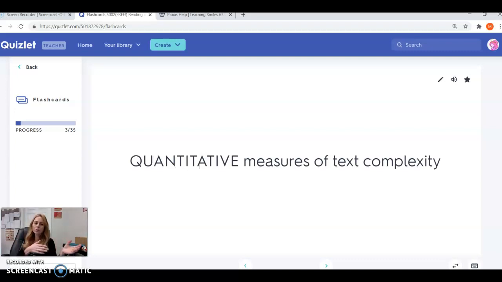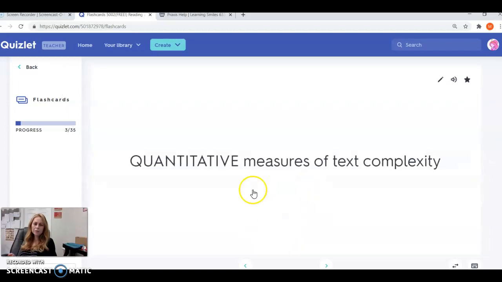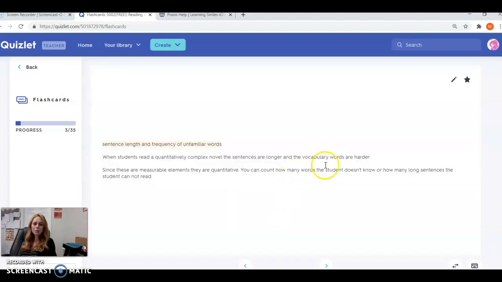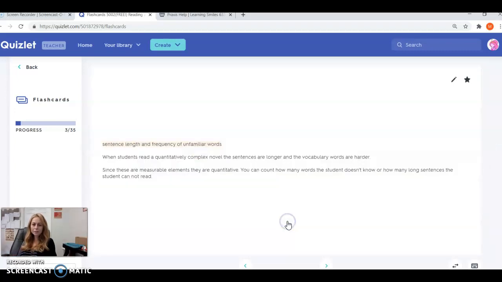This student can read 4 words per page. You can actually count. You can pick up a book and say there's 4 words, this is a good book for you. This is on your text complexity level. You don't want them to have too many unfamiliar words, but quantitative, again, you can actually count the words, or you can count how many vocab words they missed to figure out what level of text they need to be on.